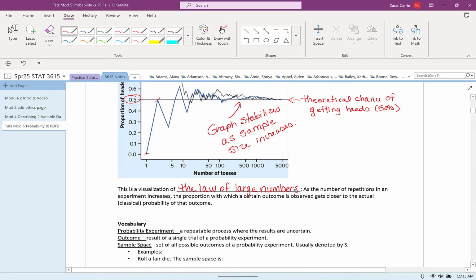As the number of repetitions in an experiment increases, the proportion with which a certain outcome is observed gets closer to the actual or classical probability of that outcome. So the experimental probability of event E approaches the theoretical or true probability as n approaches infinity.